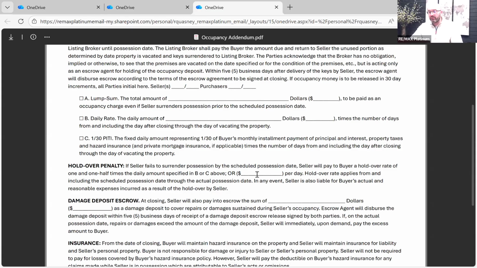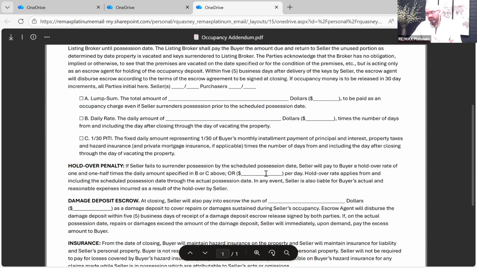You want to put in an amount here. Now, if you checked either B or C, and you have an amount here that's more than zero for the daily rate, then understand that the boilerplate is saying it's 1.5 times whatever this happens to be. But I think best practice is put a number in here and make it hurt.